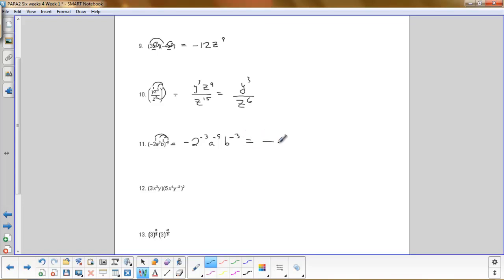I draw my fraction bar and I identify each individual base and its exponent, moving all negative exponents to the bottom and leaving all positive ones on top. So notice I do negative 2 to the third, a to the 9th, b to the third, and I simplify my numbers. 1 over, remember it's going to remain negative, negative 8, a to the 9th, b to the third.